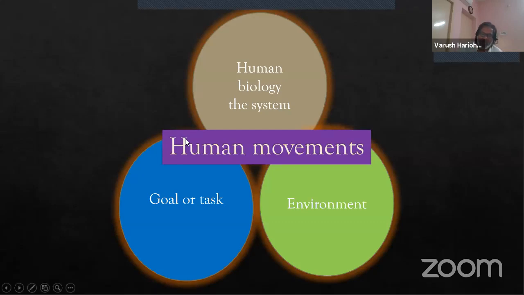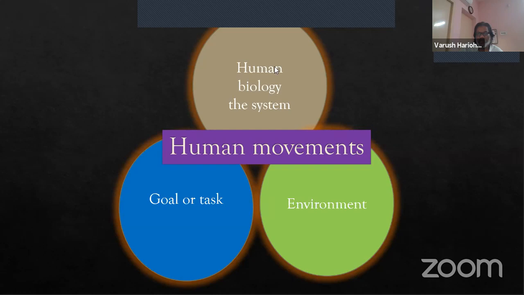Now, today, we are going to discuss human movement, and the movement we are going to talk about is the goal of sit to stand. When I'm doing a sit to stand, what happens to the human biology? What movements happen? How does the system produce this movement?